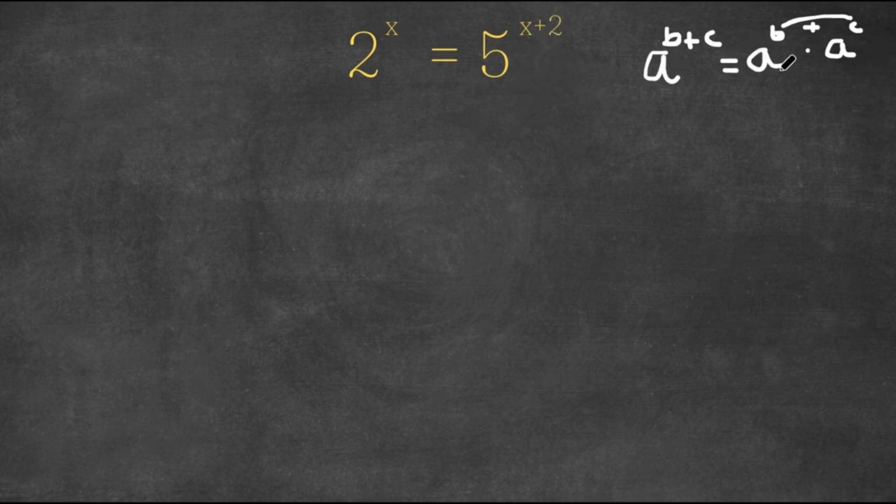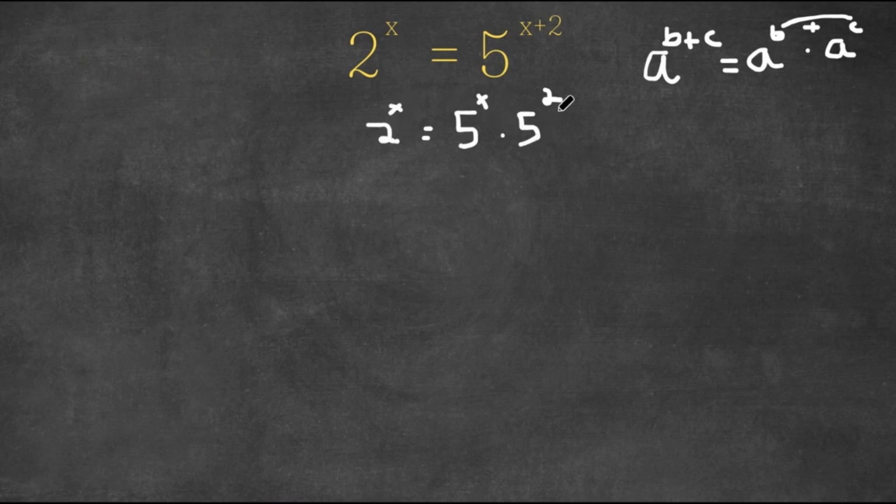So 5 in this case is a, right? So we have 5 to the power of b, which is x, times 5 again to the power of c, which is 2. And this is still equal to 2 to the power of x.